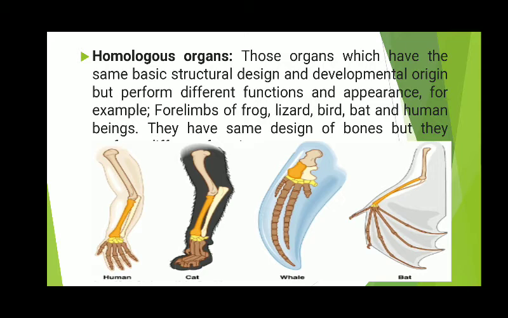Thus, the presence of homologous organs in different animals provides evidence for evolution by telling us that they are derived from the same ancestors which had the basic design of an organ on which homologous organs are based.